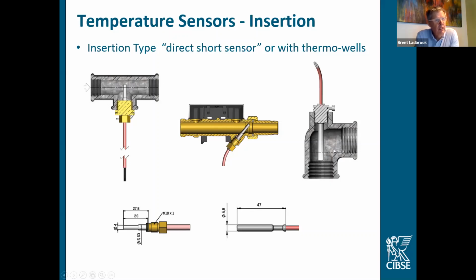I prefer the pocket ones because if you, for some reason, need to change the sensor or you want to remove it, then you don't have any water to worry about, whereas if it's directly in the flow, then if you pull this out, you have water, so you have to drain the system maybe, or at least isolate that. This would also mean that the system could be completely tested before the flow calculator and everything was put on. So there's 2 different types of insertion.